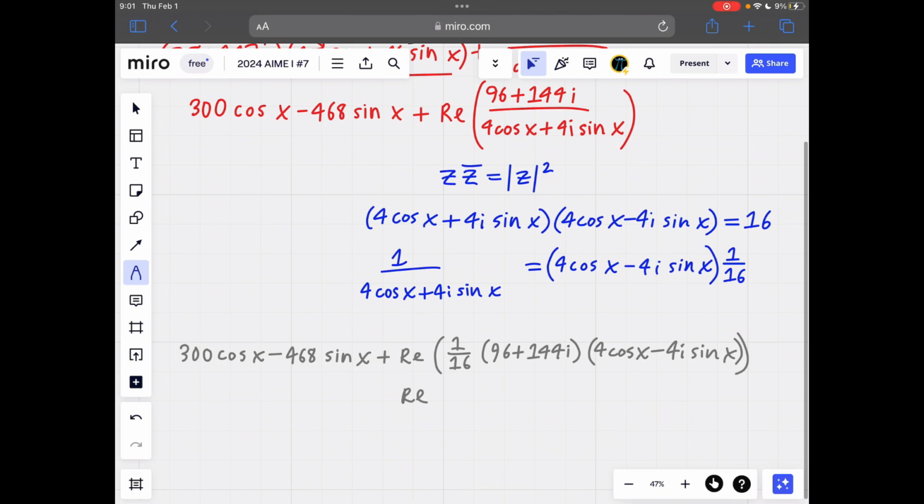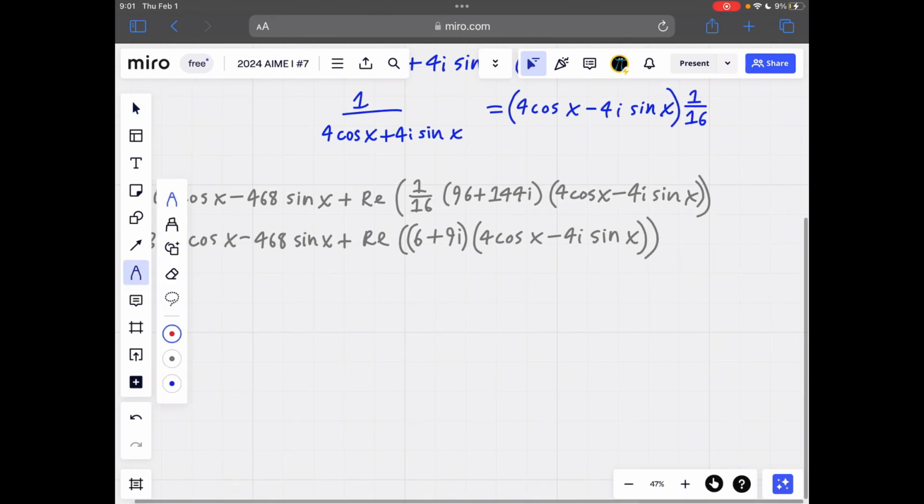One sixteenth of 96 + 144i is just 6 + 9i. The real part of (6 + 9i) times (4 cos x - 4i sin x), and all that plus 300 cos x minus 468 sin x.